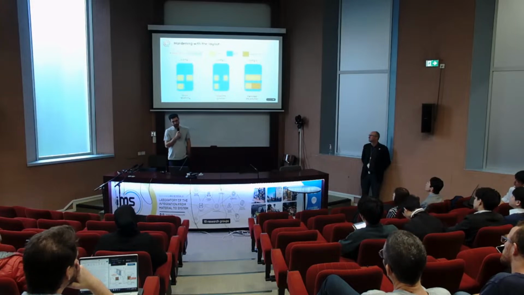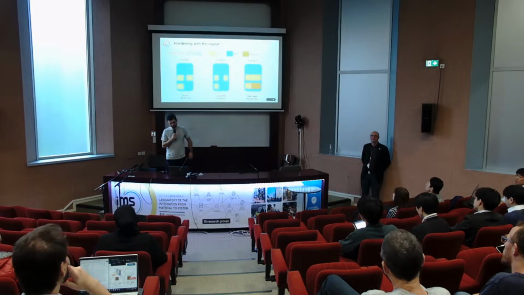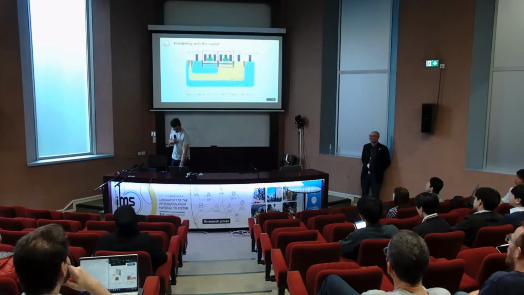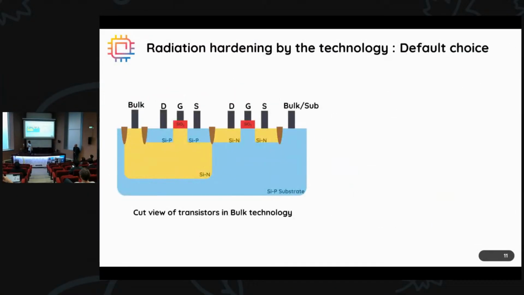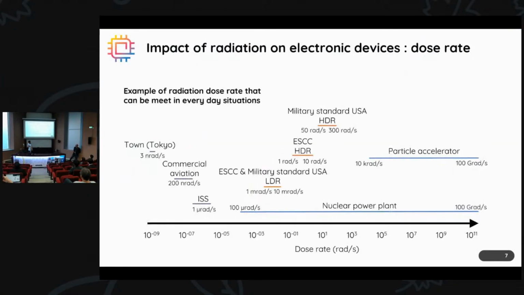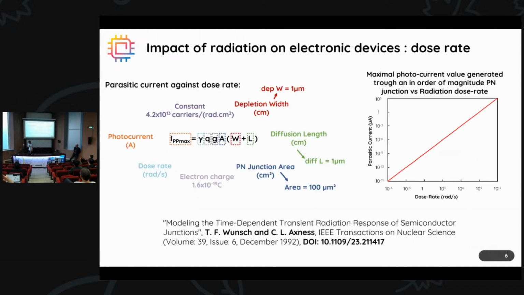And actually, it will mostly be the one that appears first, before the dose rate effect. Because for the dose rate, you have to go to like 1 million rad per second to have a real effect, like to create some microamperes in the circuit, which is really big.